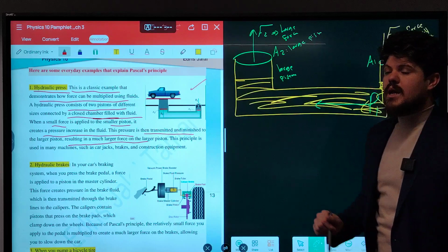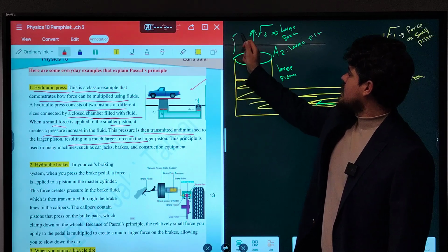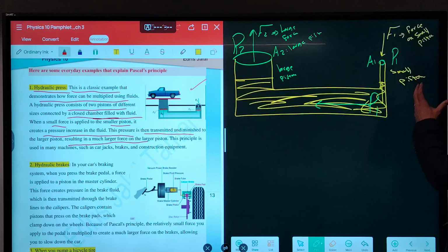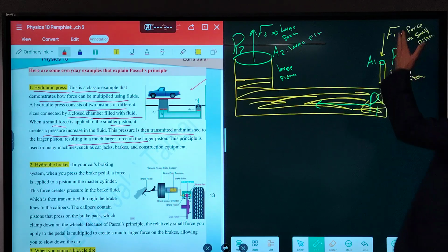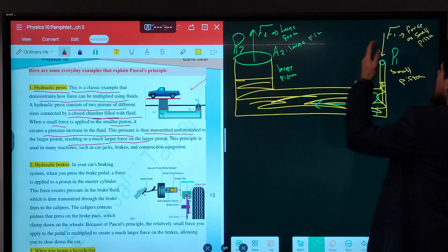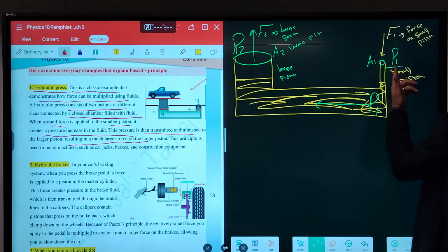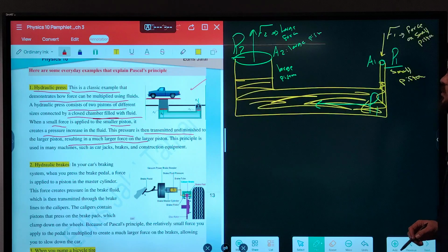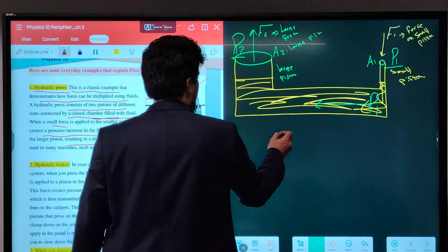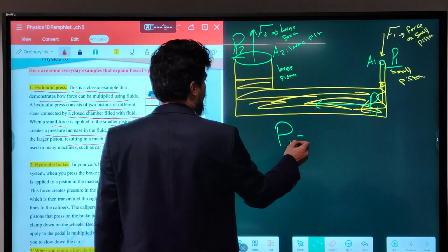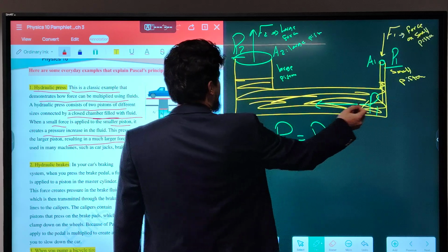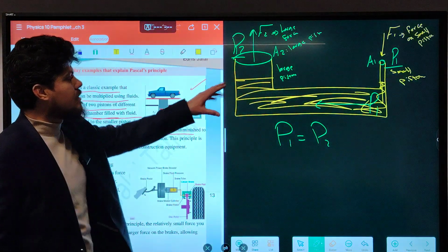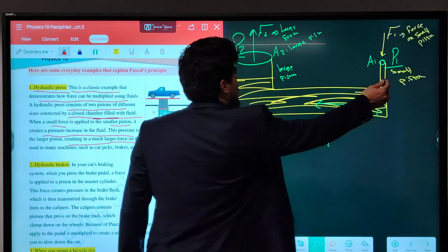We have force and area, which means there is a pressure here, P2. So according to Pascal's principle, how many pressures do we have? Two pressures, P1 and P2. F1 over A1 results in P1. F2 over A2 results in P2. So according to Pascal's principle, which one is bigger? Pressure is transmitted equally in this chamber that is filled with fluid.